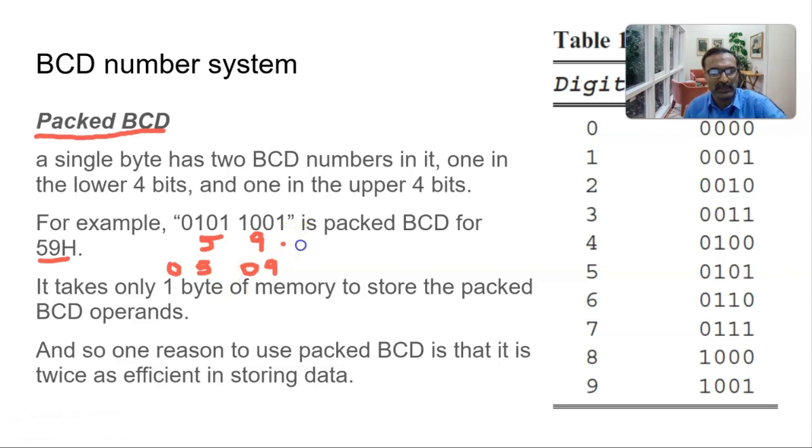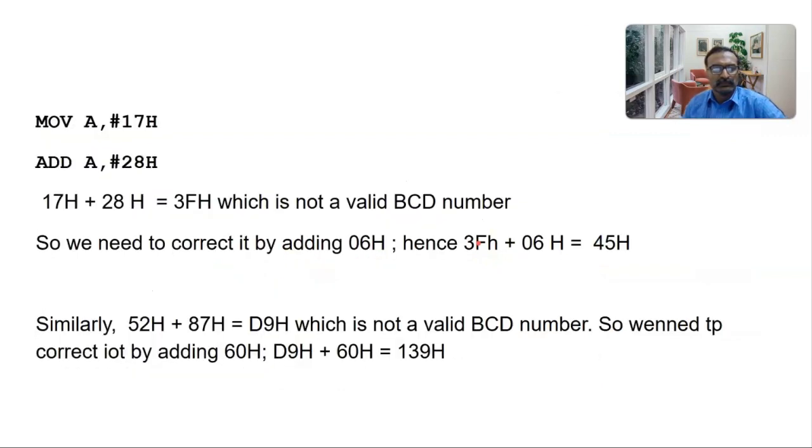But in packed form it will take only 1 byte, while in unpacked form it will take 2 bytes. So that is the difference. A packed form will always be more compact.